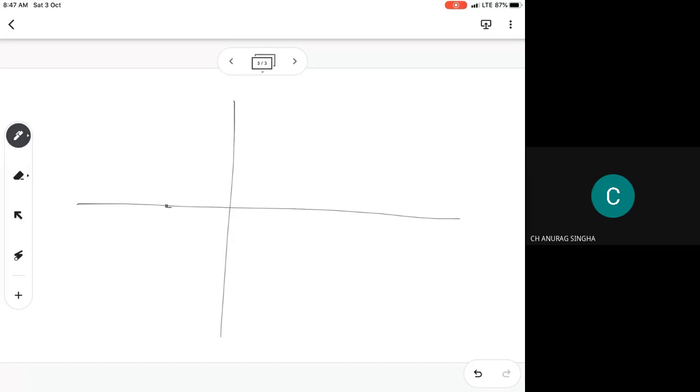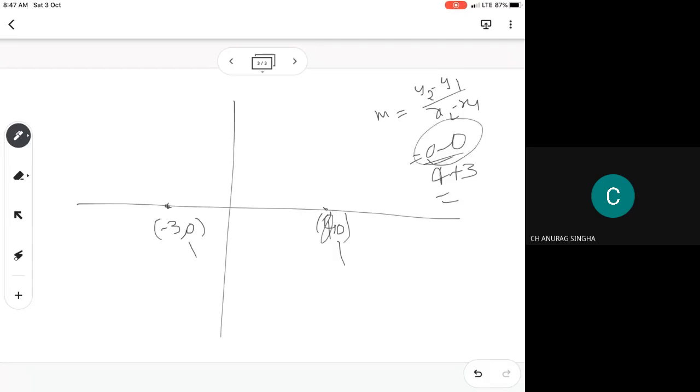Suppose you take any points on the x-axis, say (minus 3, 0) and (4, 0). The slope m of the line is y2 minus y1 by x2 minus x1. Here y2 is 0, so 0 minus 0 by 4 plus 3: whatever points you take, the numerator is 0 minus 0 and the denominator is 4 plus 3, so you get 0. That's why the slope of the x-axis is 0.